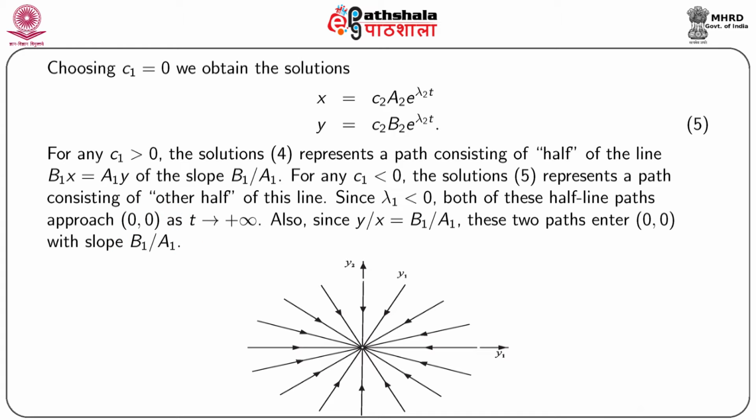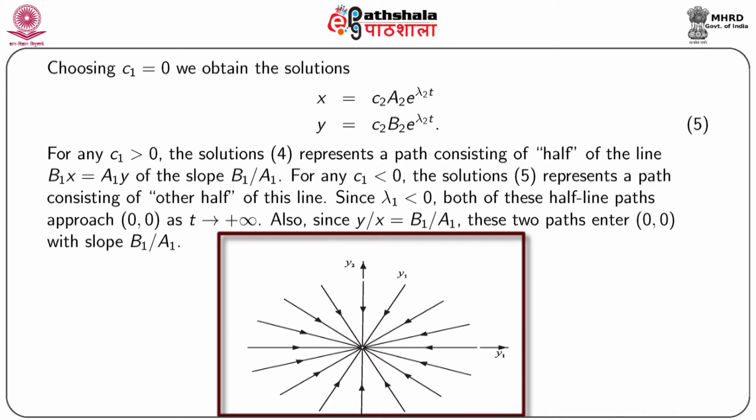Now, if you look into the figure, consider any one of these straight lines, say this one. The first part says that if c1 is greater than 0, the solution represents a path consisting of half of the line b1 x equal to a1 y, and let that half be this half of the line. And if c1 is less than 0, the solution represents the other half.